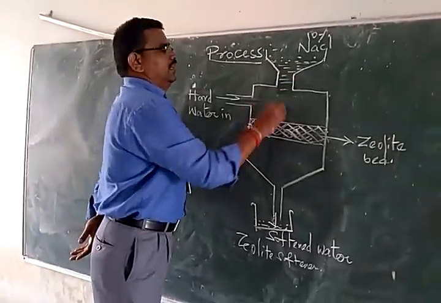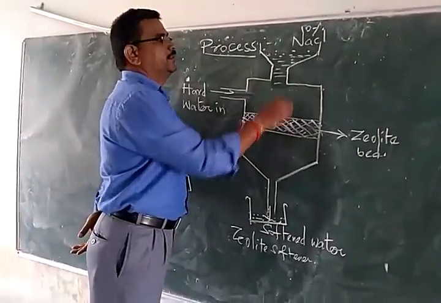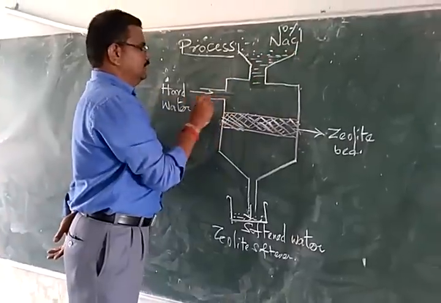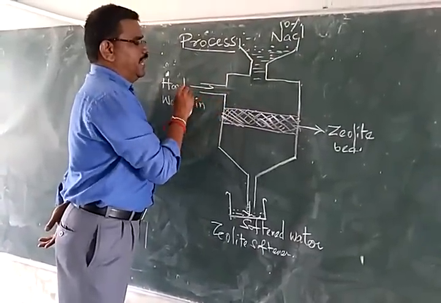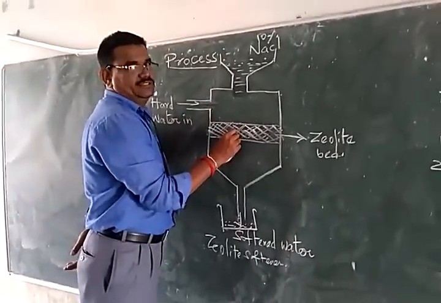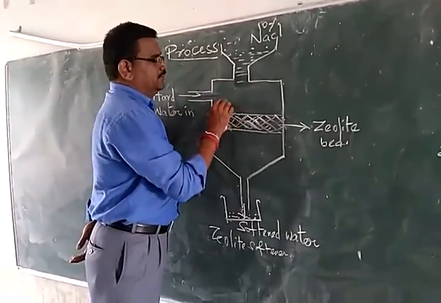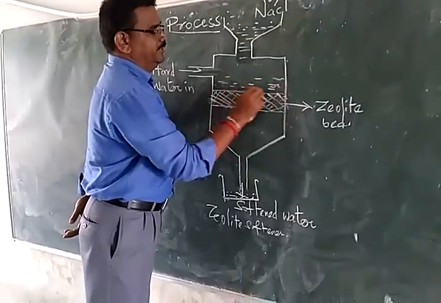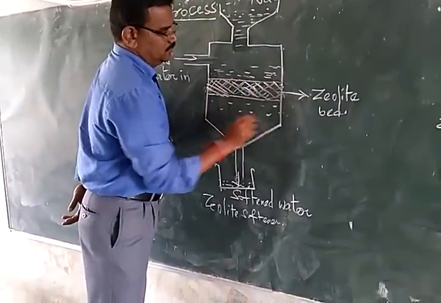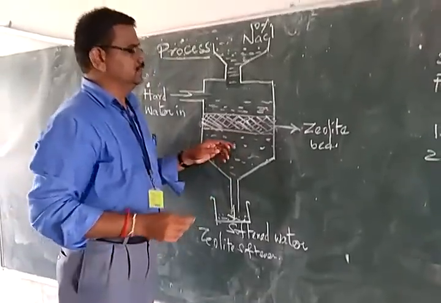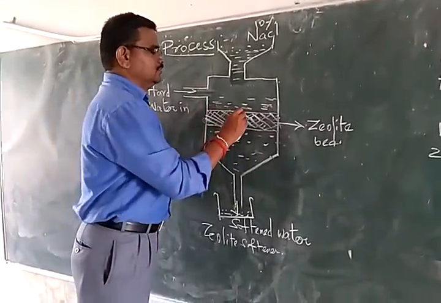In this zeolite softener tank, the first tank is filled with sodium chloride solution, and through the side tube hard water is passed. The hard water passes through this zeolite bed. The zeolite bed consists of sodium ions with zeolite material.